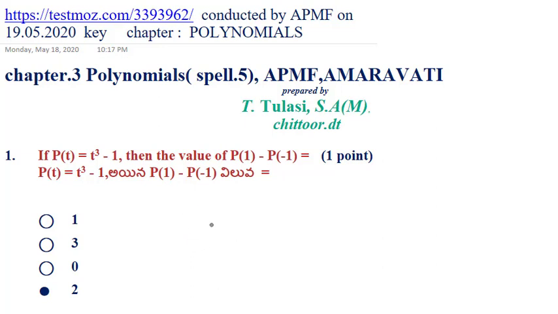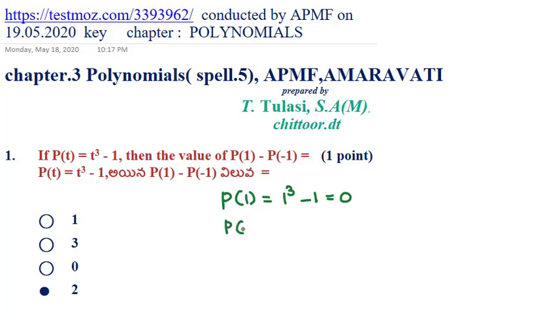The first question is P of t equals t cube minus 1. Then the value of P of 1 minus P of minus 1, let us find. P of 1 equals 1 cube minus 1, that equals 1 minus 1, 0.